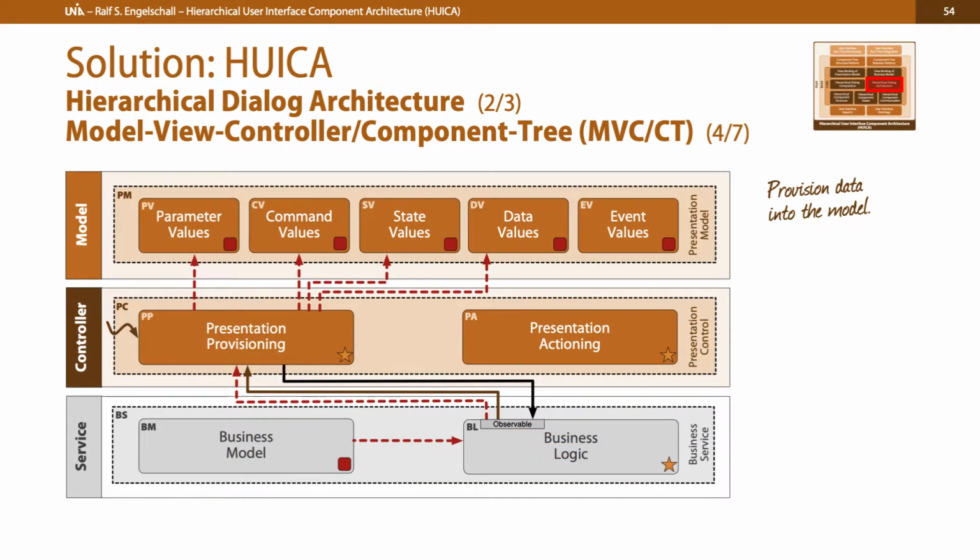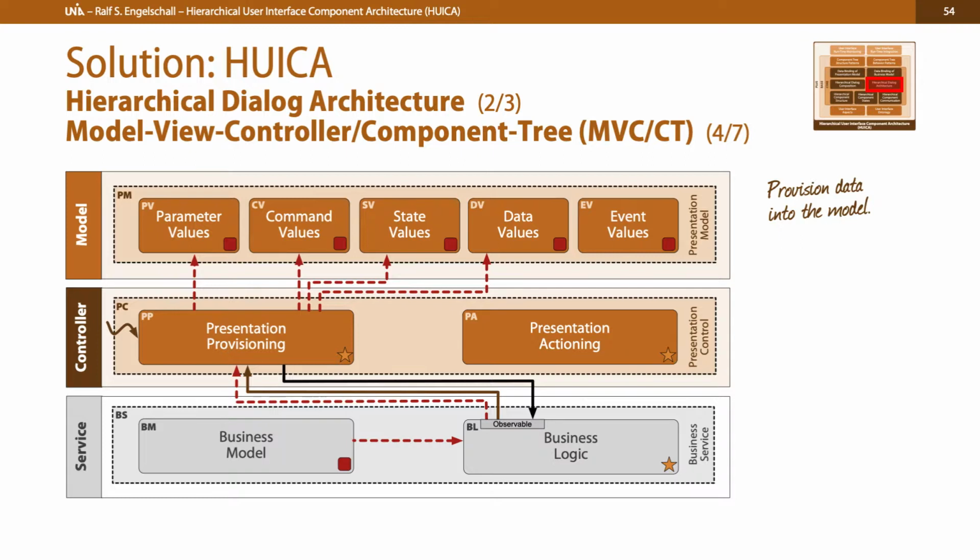Now let's zoom in once again onto the model, controller and service layers and see how the data actually flows. Well, it starts at the controller. The presentation provisioning usually gets the control and calls the business logic to fetch data from the business model.